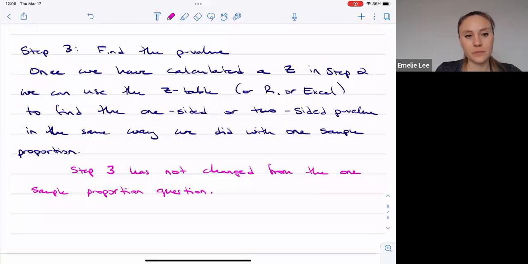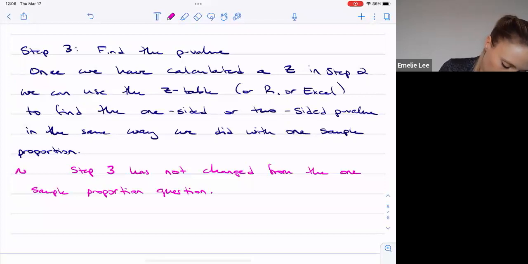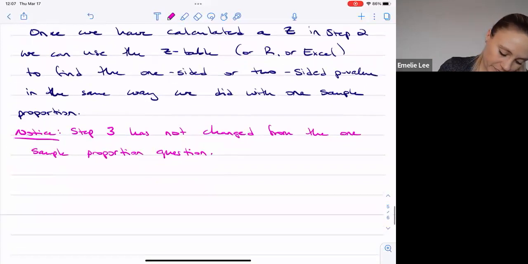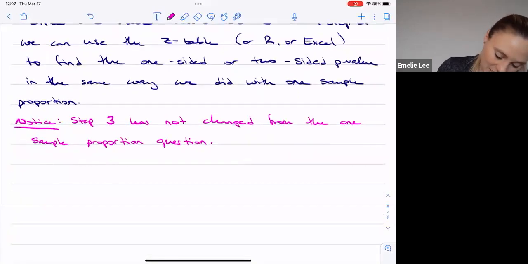Maybe notice here, step 3 is not changed, and neither will step 4, except for what your conclusion is about, right? Now your conclusion is about the difference in the proportions, but that's going to come from the question. So that's the same as before. So notice that step 3 is not changed from the one sample proportion question.